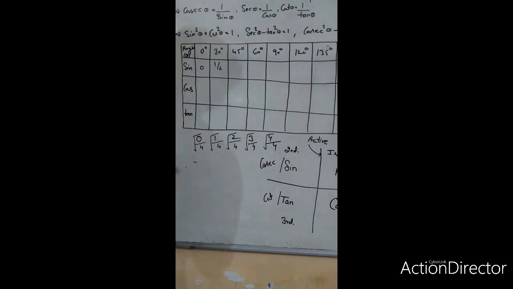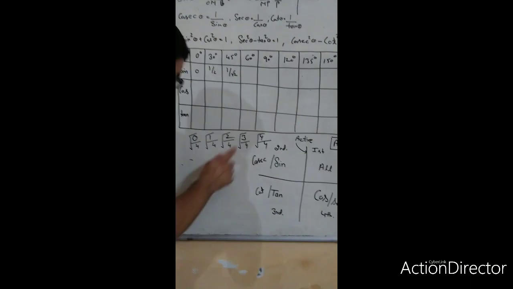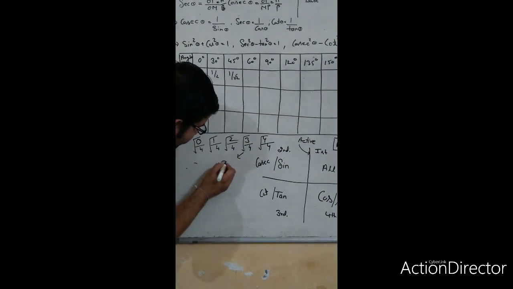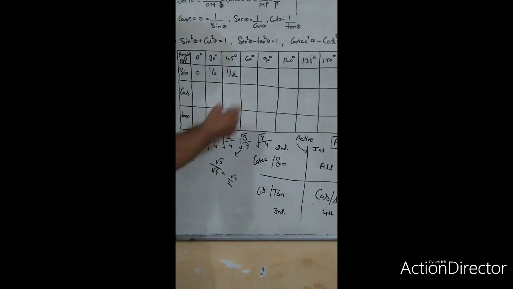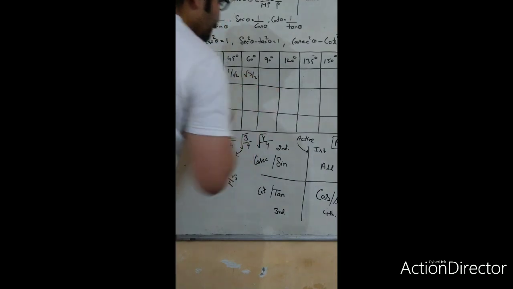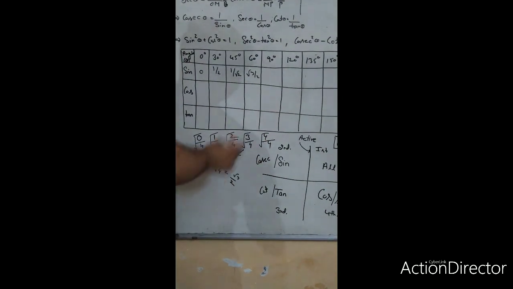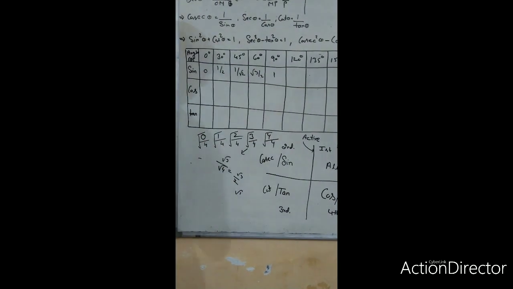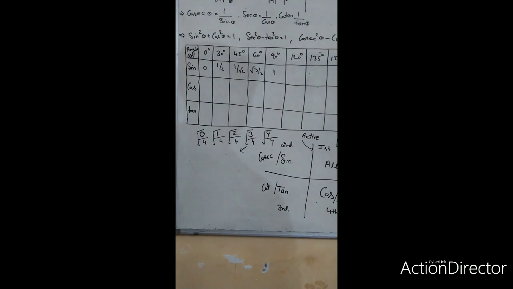So here the answer will be 1 upon root 2. Now next, root 3 divided by root 4, but root 4 is 2, so root 3 by 2 is the answer. And next 90, root 4 by 4 is root 1, and root 1 is always 1, so the answer will be 1. In that manner you can easily find the value up to 90 degree for the sine trigonometric ratio.